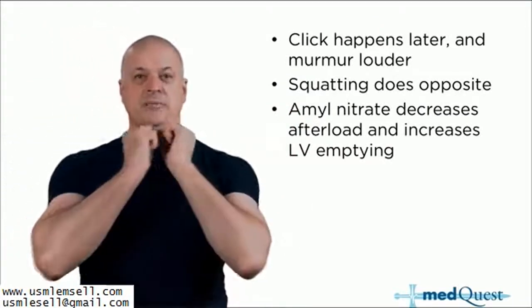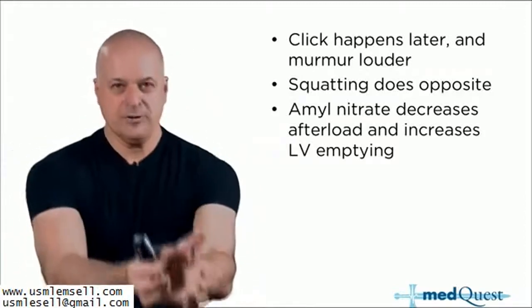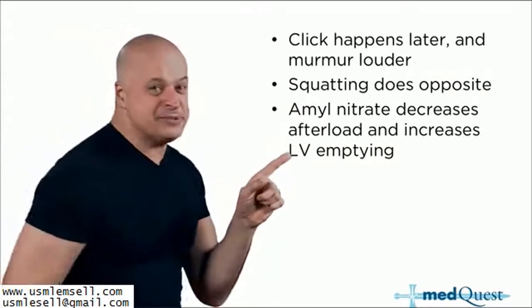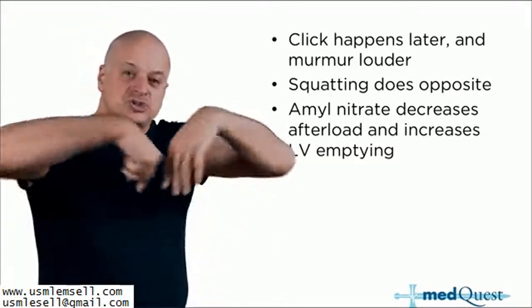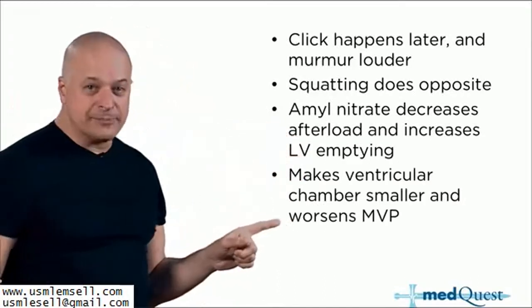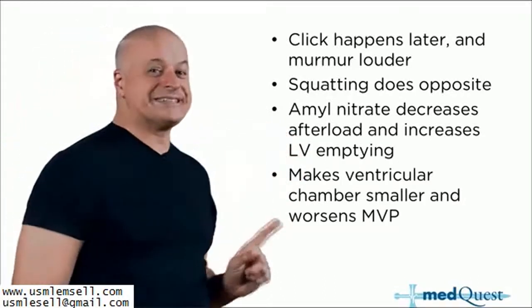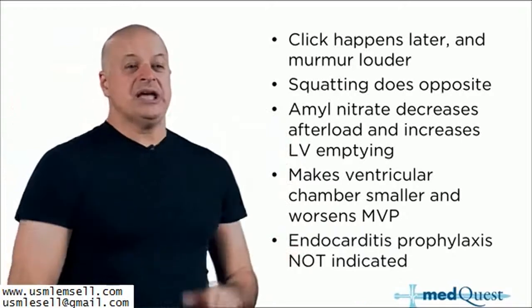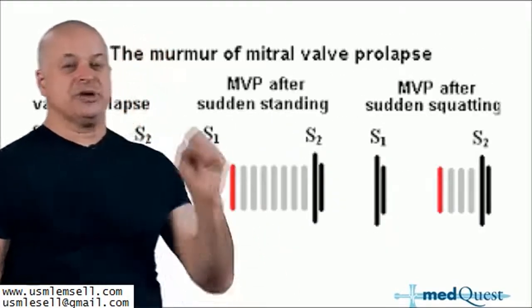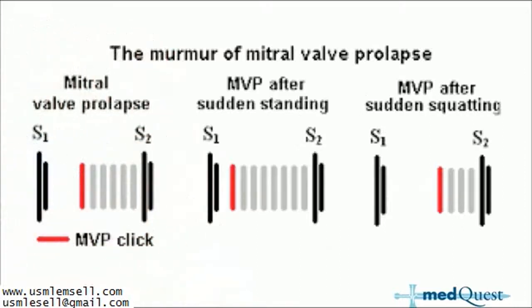Amyl nitrate makes the ventricle empty more. Anything that empties the ventricle more makes the heart smaller. Small is leaky for prolapse. Smaller is leakier for prolapse. And endocarditis prophylaxis is just not needed because you have very low risk.